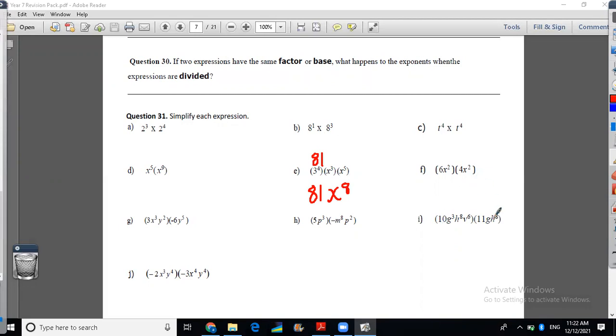Same thing here. 10 times 11 is 110. G cubed times G is just G to the power of 4. H to the power of 8 times H to the power of 8, H to the power of 16. Oh, mister, what about V to the power of 6 times what? There is no V there, so it's just V to the power of 6. And this would be the final answer.